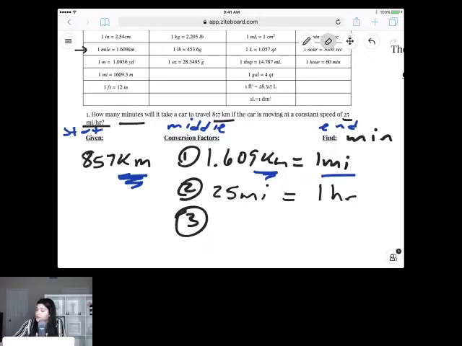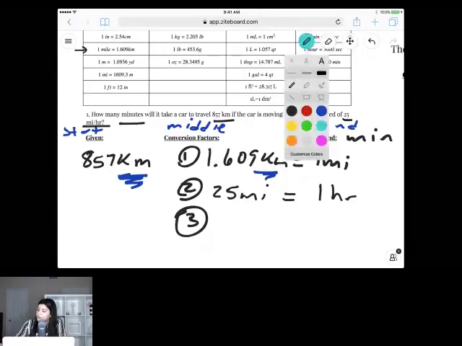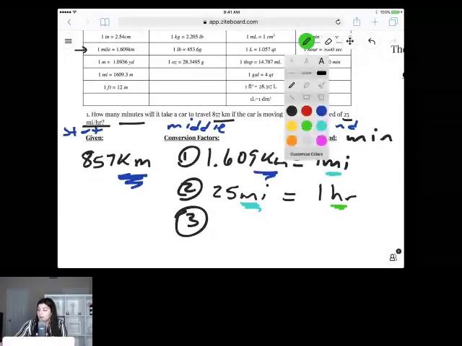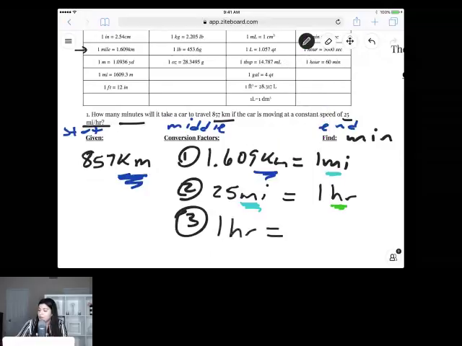Let me actually show this in a different color. All right, so our miles in this case now equals a totally different unit. And then now we can jump to hours. Now that we can jump to hours, we want something to equal hours and finally give us what we're finding. So we know that 1 hour is equal to how many minutes? 60.